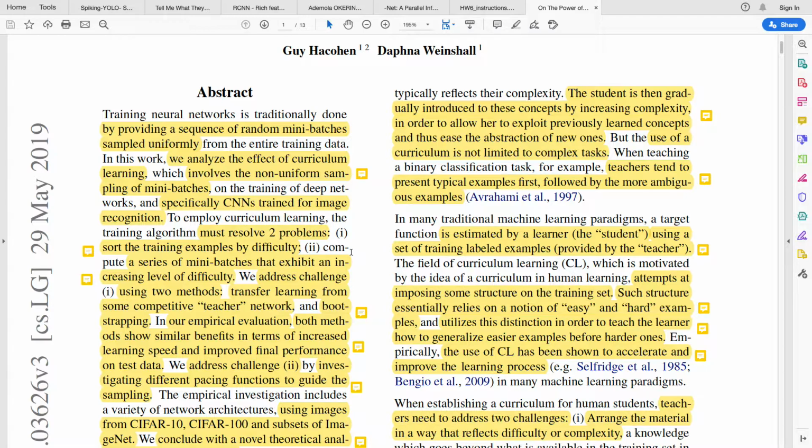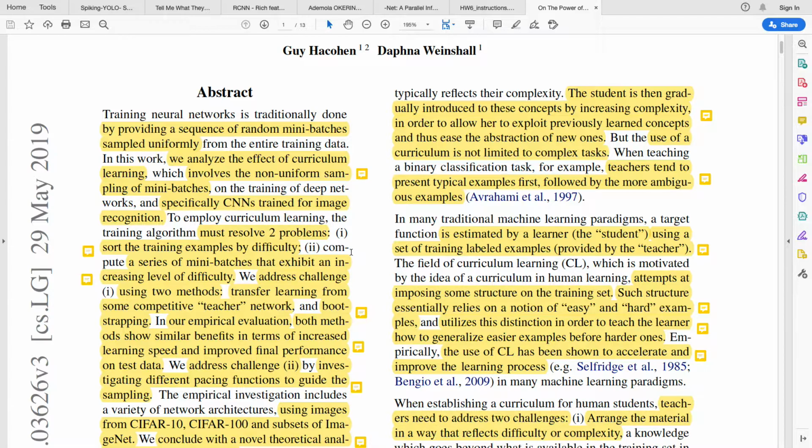In classrooms, like I made mention of earlier, you, the teacher, the instructor, know which are the easier examples and which are the difficult concepts, so you can easily arrange your course from the easy ones to the more difficult ones.